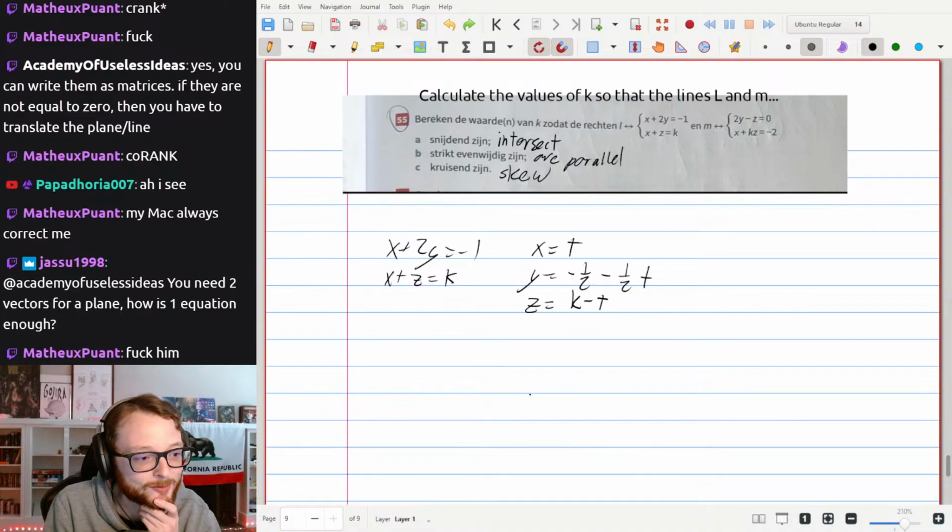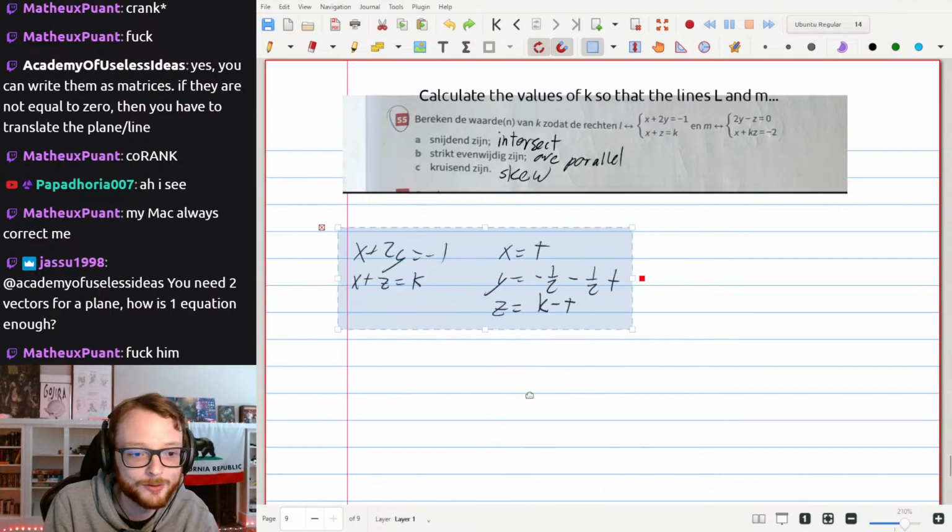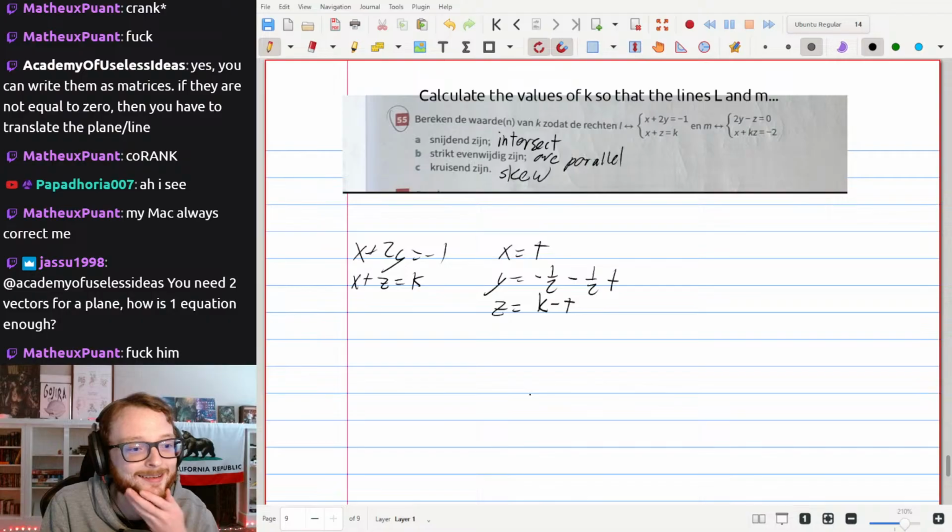Write them as matrices if they're not equal to 0. Translate the line slash plane. I'm sure there's an interpretation like that. It's not necessary for what Lucas is doing when he's asking this question, but that's where I'm getting confused.